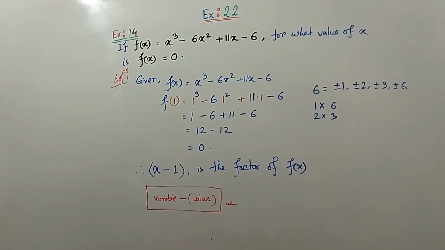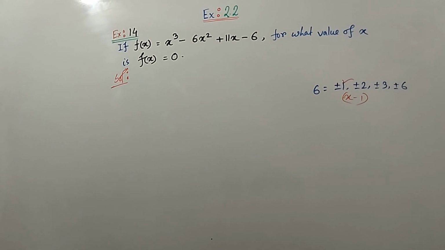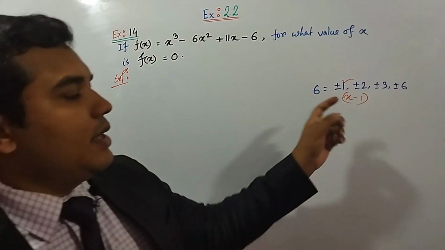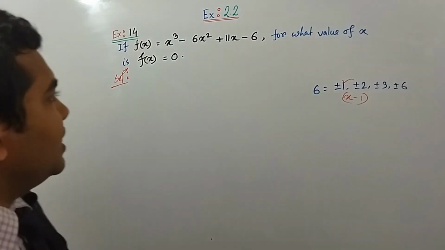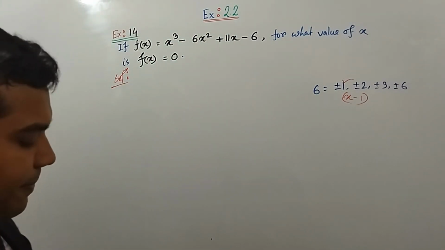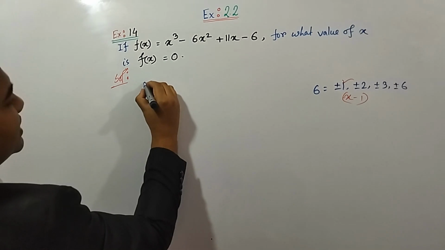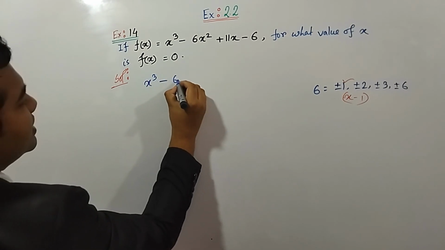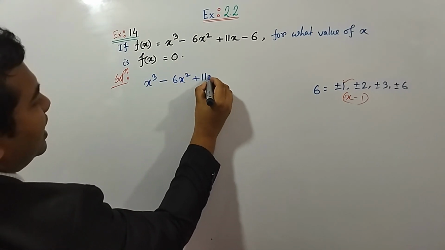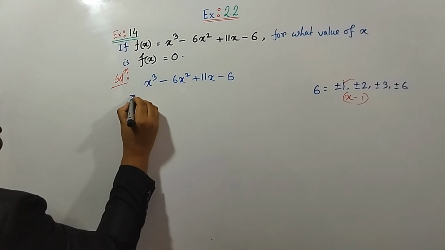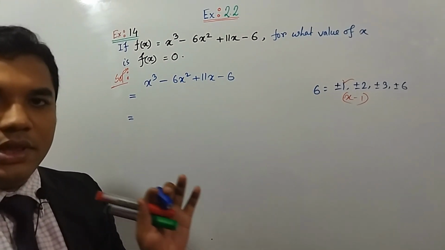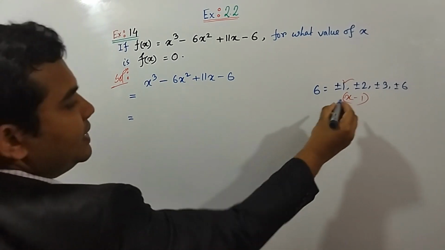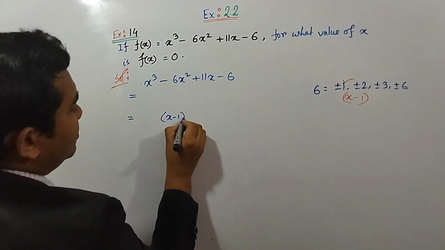Here we have already found that x minus 1 is a factor. If x minus 1 is a factor, then we go for the division of the equation x cubed minus 6x squared plus 11x minus 6 by x minus 1.